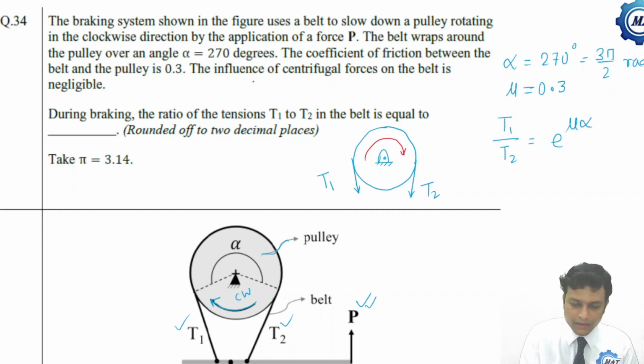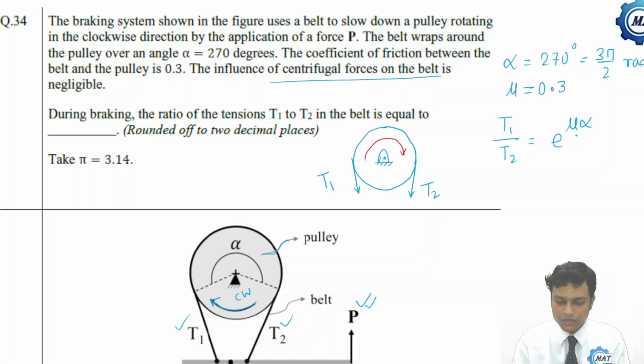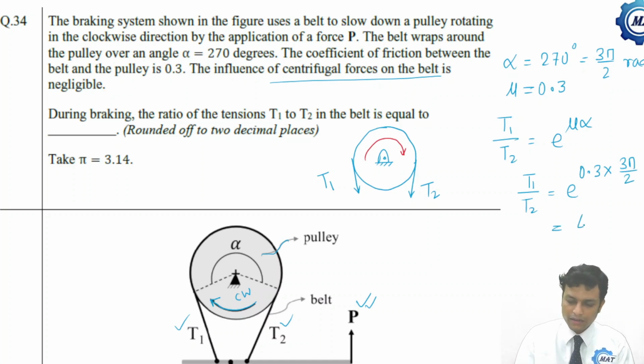As centrifugal force is negligible, we can use this equation. From this we can easily find the value of T1 by T2. That is e to the power 0.3 into 3 pi by 2. Calculating this, you will get 4.113.